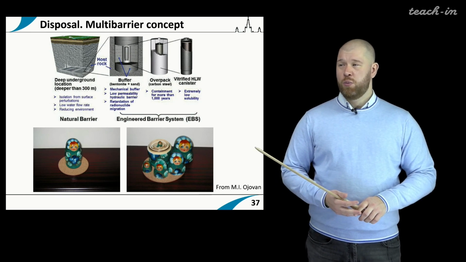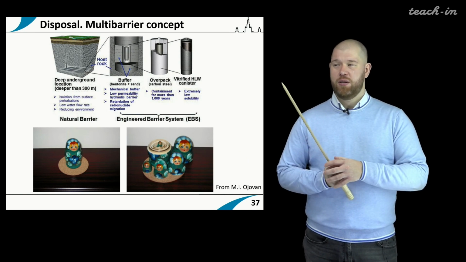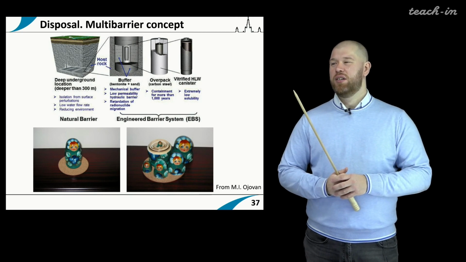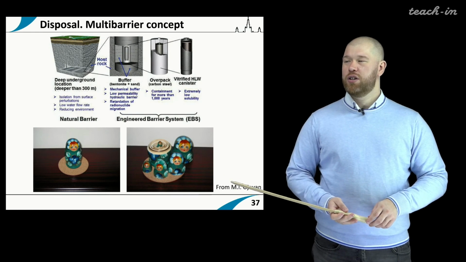That means that we put our radioactive material in many other shells. It's like a Russian doll called Matryoshka.